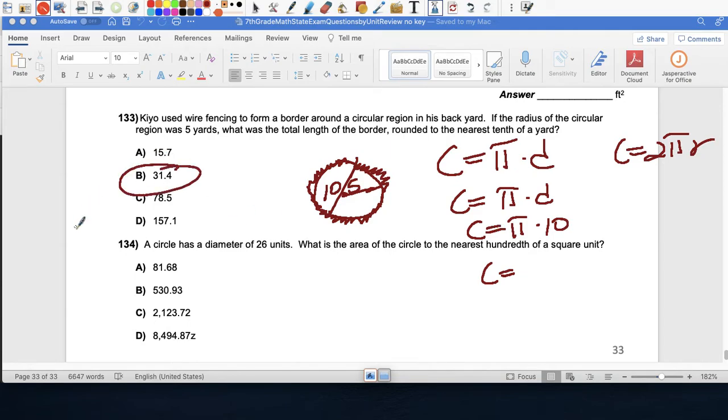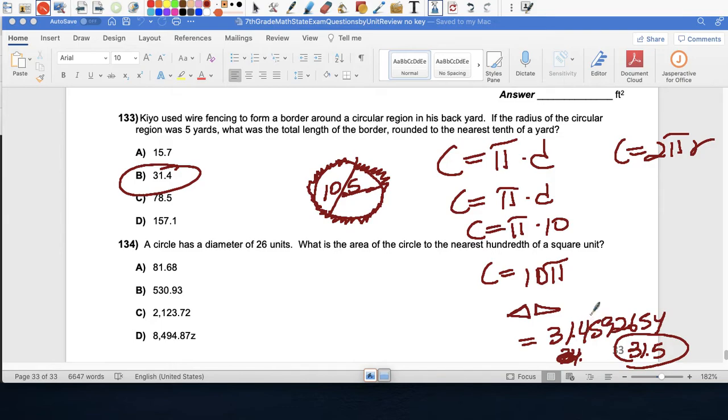If you take your calculator again, multiply 10 times pi, enter, and you will have this showing. Once you have that showing, press this button, and you'll see that your calculator will show this 592654, or you can just round it to the nearest tenth. Right, but they put it 31.4.